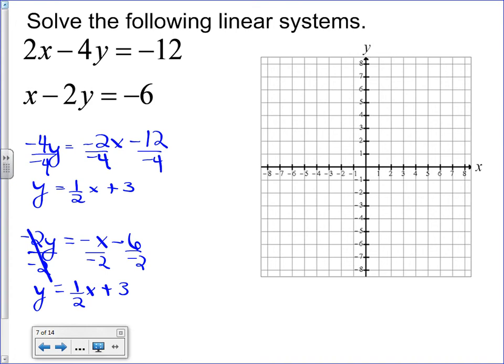We say that this has infinite solutions because the lines coincide. What does it mean when the lines coincide? They're the exact same. So if we were to graph this, because both equations are the same, I start at 3, I rise 1, I go over 2, rise 1, go over 2, rise 1, go over 2.